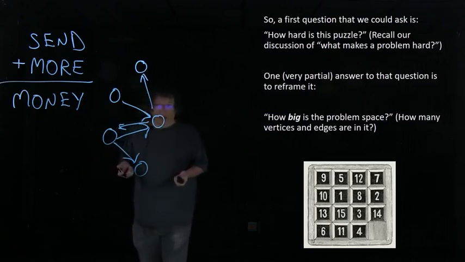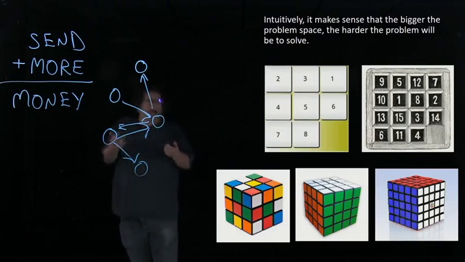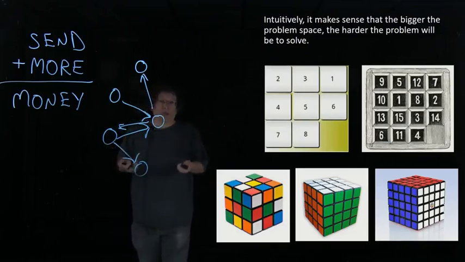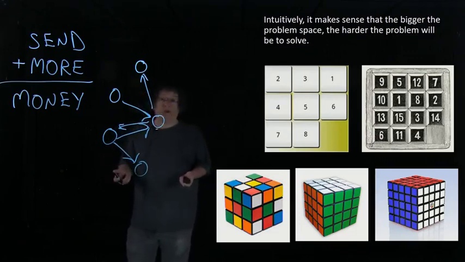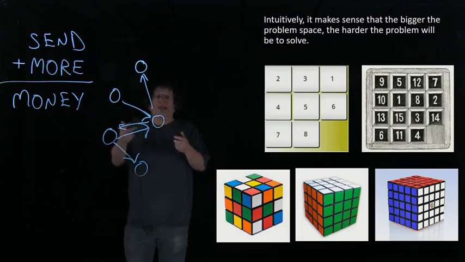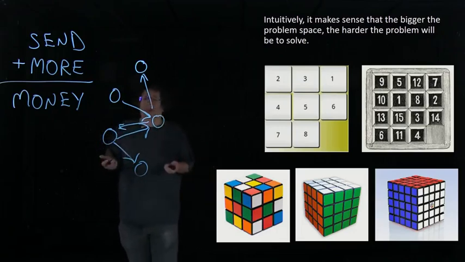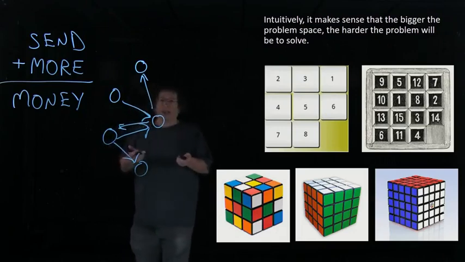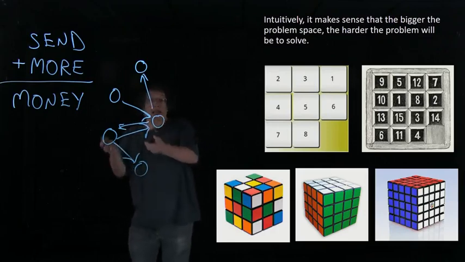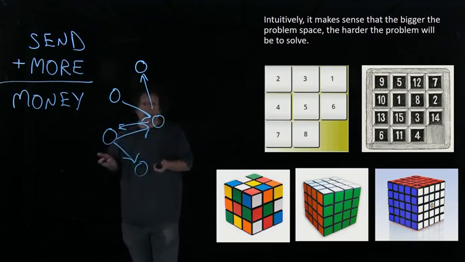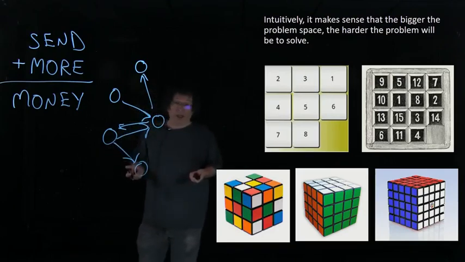It fits our intuition because we kind of sense that if you take a similar puzzle but have smaller or larger versions of it, the larger versions intuitively are going to be more difficult than the smaller versions. You could imagine cases where that might not be true, but still that's our intuition, and it's a good intuition. So the 15-16 puzzle is harder than the 8-9 puzzle, where you're moving only 8 numbers around in a 3x3 grid.